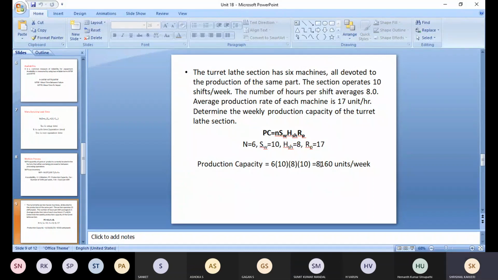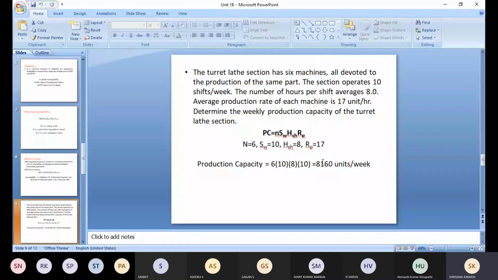Limitations and advantages of different types of automation. Different types of automations. In the beginning I told you: fixed automation, flexible automation, programmable automation. There was a graph given for fixed automation.